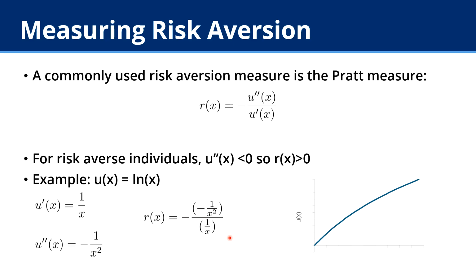So the negatives cancel here, one of the x's cancels, and the whole expression ends up simplifying to 1 over x. Therefore, the r value is greater than 0 for all x greater than 0. So this is again the natural log of x. If the utility function has this shape, this is a risk-averse individual.